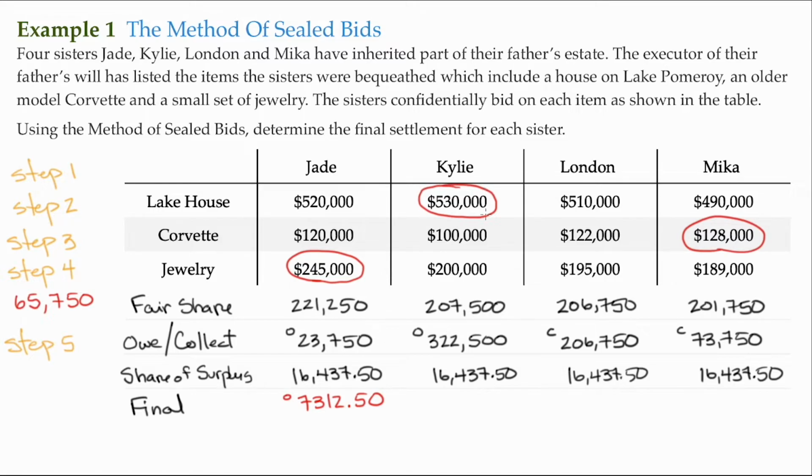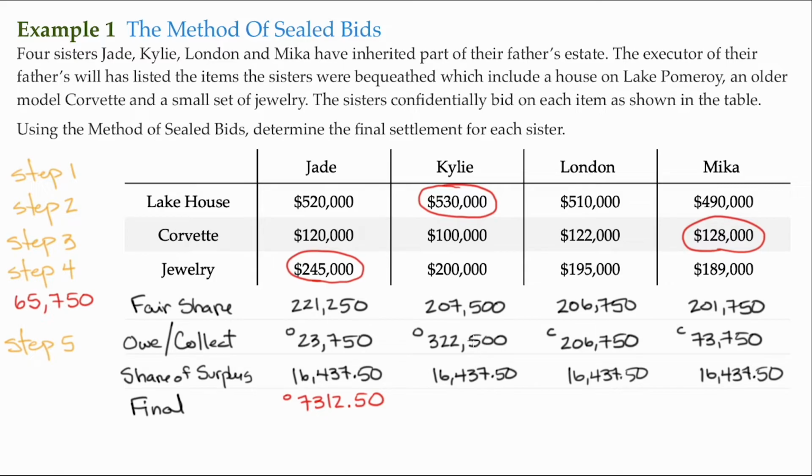Same idea for each player. Kylie winds up getting the lake house at $530,000. She expects to get $207,500, so she got way more than that, so she pays the difference back into the estate. That's $322,500. But then the estate has a surplus, winds up giving her back $16,437.50.